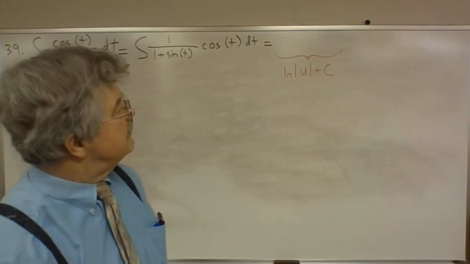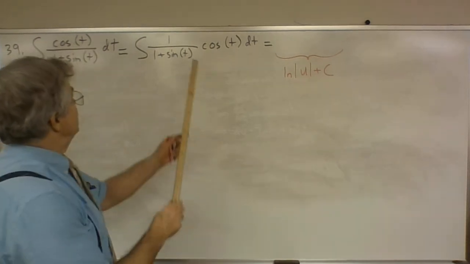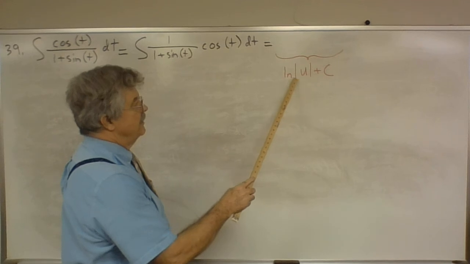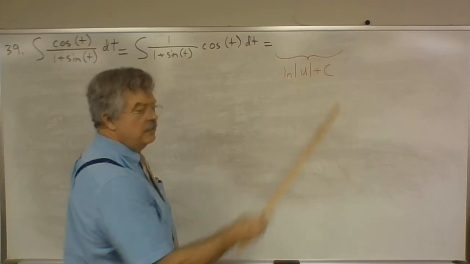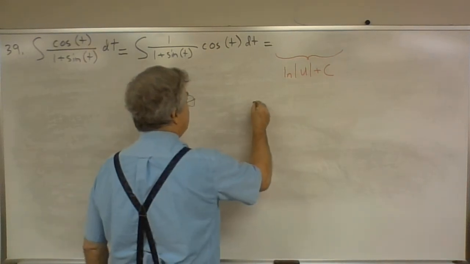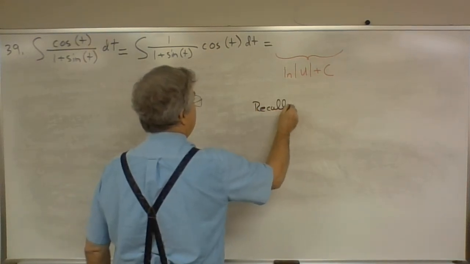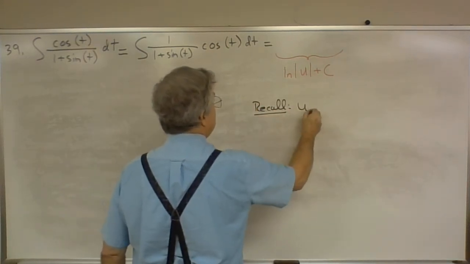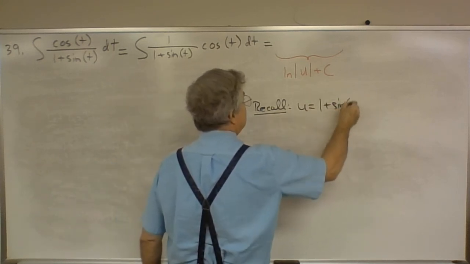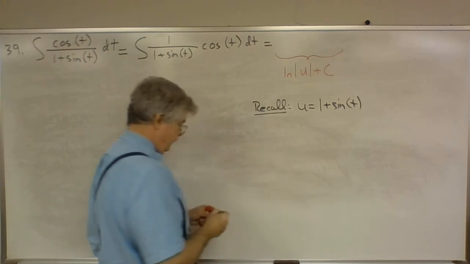Okay, we're back. We know what our integral equals in terms of u. It's natural log of u plus c. And now we want to remember that in step 2, we let u equal 1 plus sine of t.